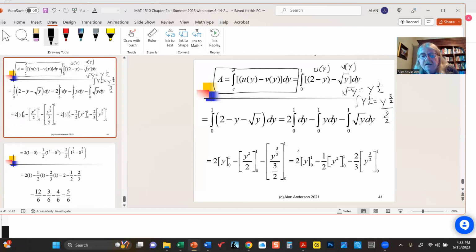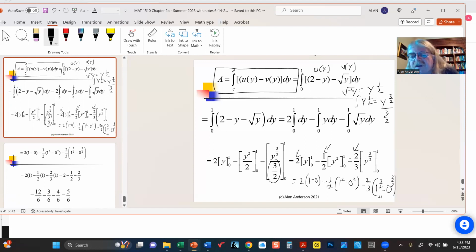Now I'm going to move out the constants. Here, remember, dividing by 3/2 is the same as multiplying by 2/3. Now we just evaluate, for example, oh boy, that was so close.